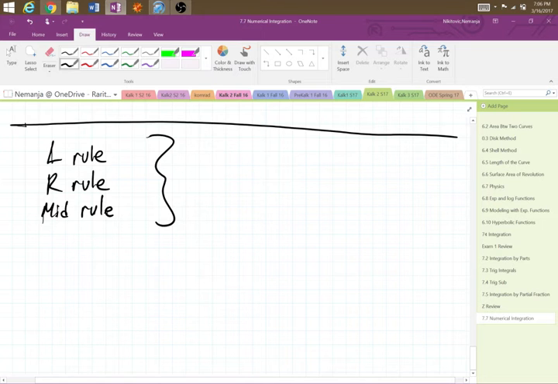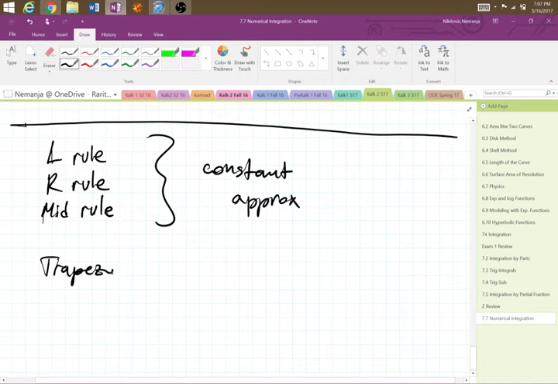So all of these are constant approximation. Then you have the next level, which is trapezoid rule. That's linear approximation.